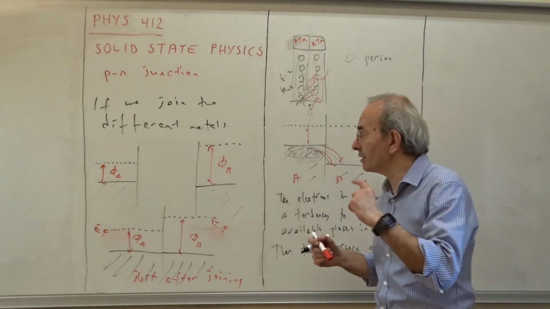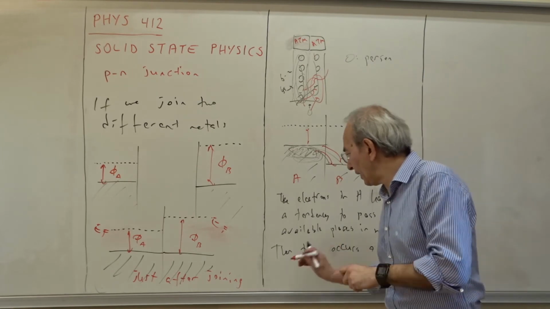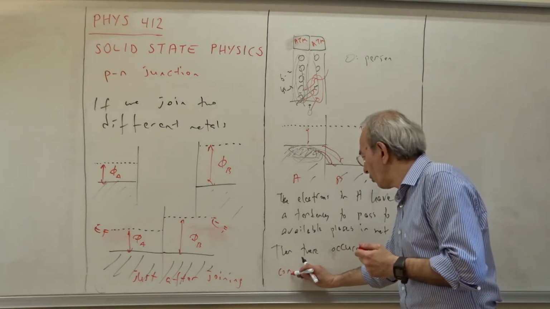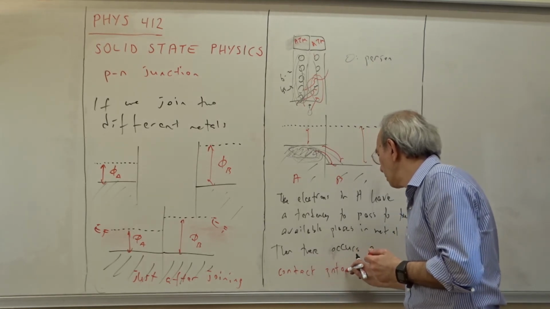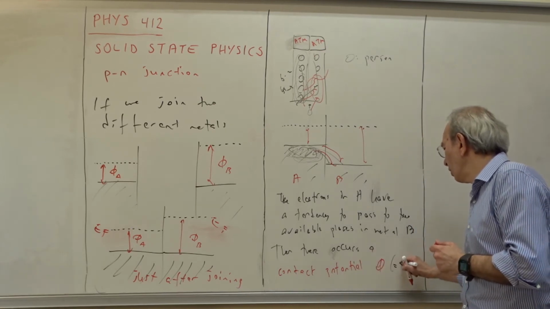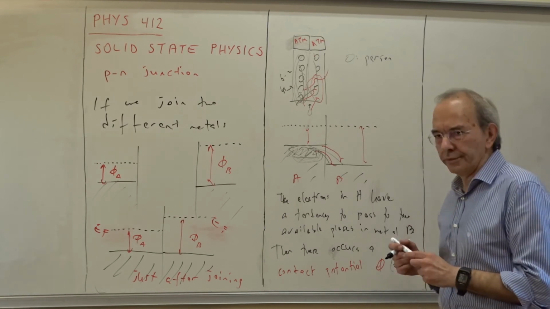What is that phi? It is the difference of phi B and phi A. There occurs a contact, because now we have a contact, they touch each other. A contact potential phi, and that phi is equal to the difference of these two work functions.